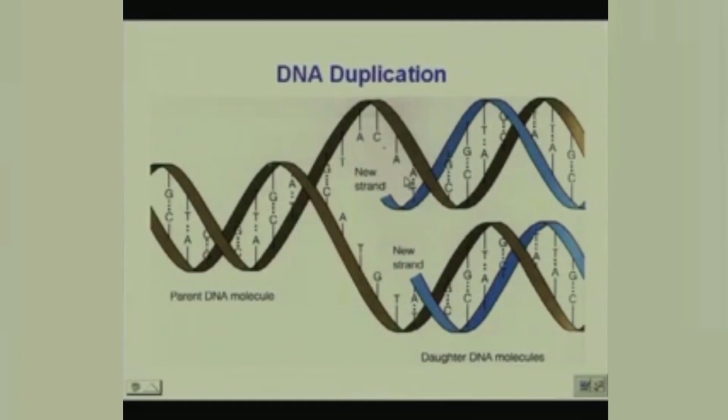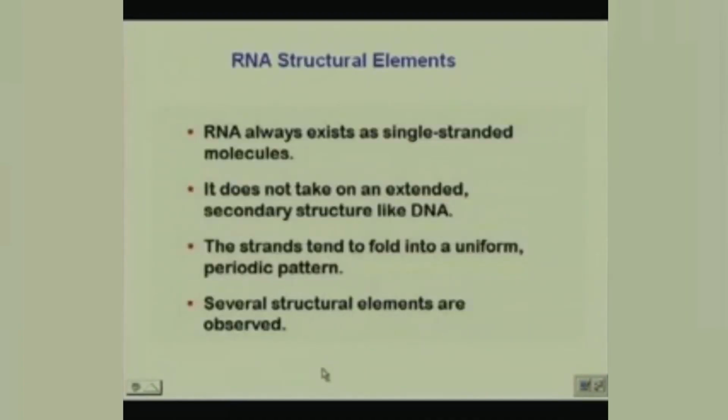I'm just doubling up the DNA that I had, so it's a duplication. Well, duplication is probably the correct terminology that should be used. So where I had one strand, now I have new strands, right? So I have my daughter DNA molecules formed from the parent DNA molecules.